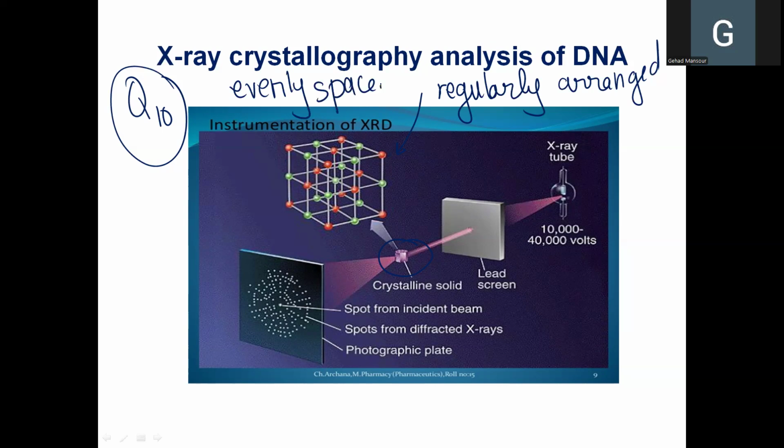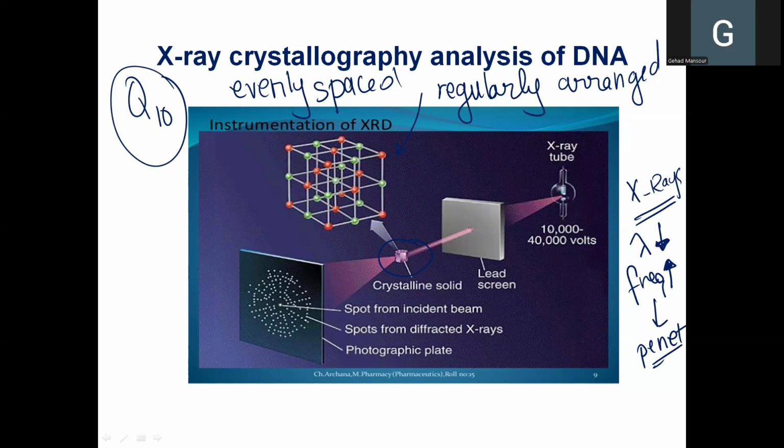And what we do is that we have an X-ray tube, a tube that has a voltage difference that generates X-rays. And you know, of course, that X-rays have a very small wavelength, which indicates that they have a very high frequency. And this high frequency allows them to penetrate.